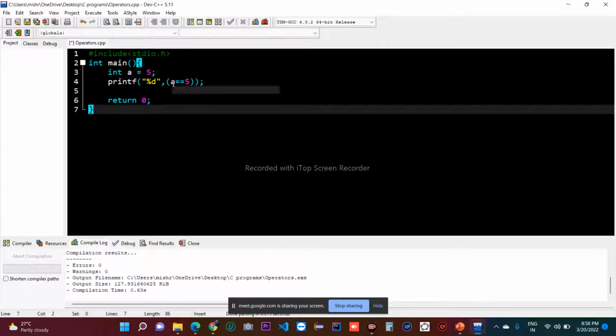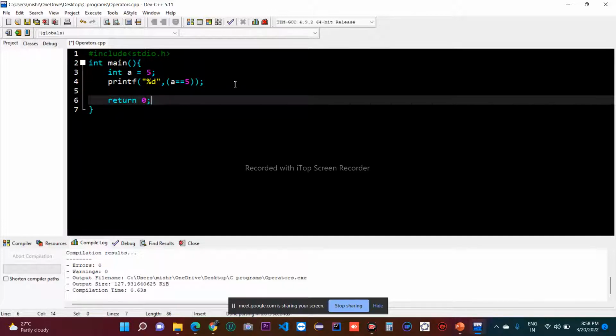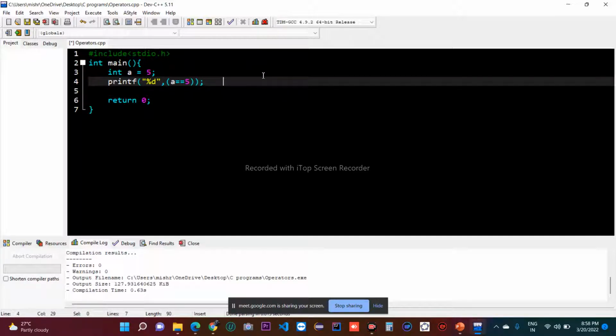This instruction means if a is equal to 5, print 1. Why 1? Because every true in programming is 1, and every false in programming is 0. So if a is equal to 5, the program should print 1, and if a is not equal to 5, then the program should print 0.